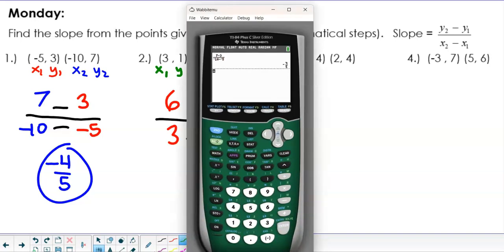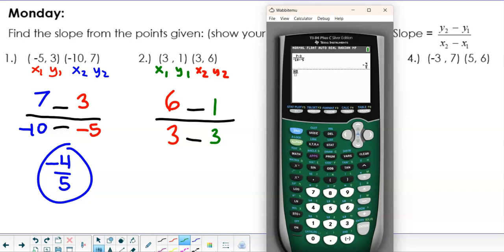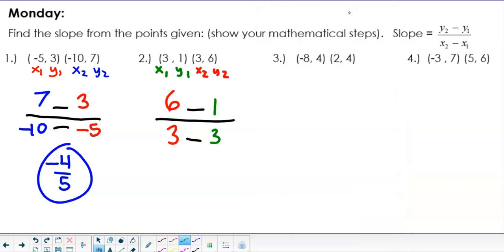When I type this fraction into my calculator, I get an error message. We get an error message because the denominator is 0. And anytime the denominator is 0, our fraction is undefined.